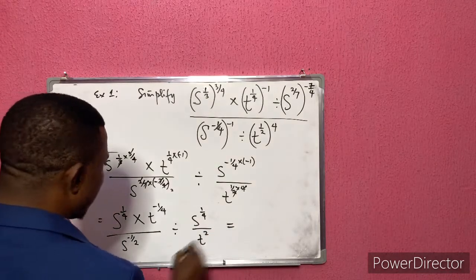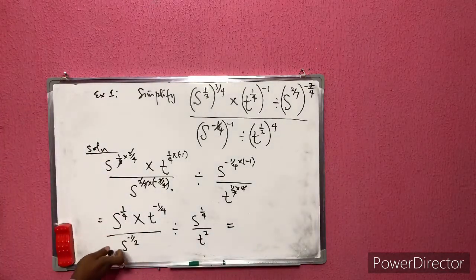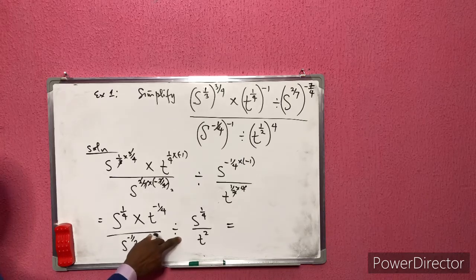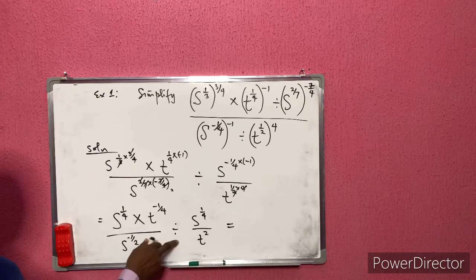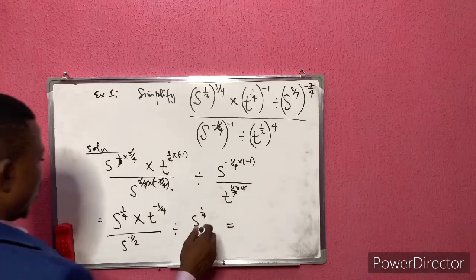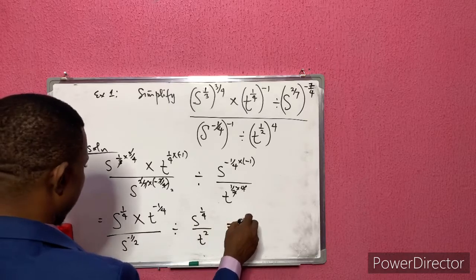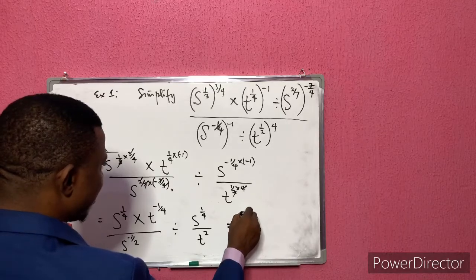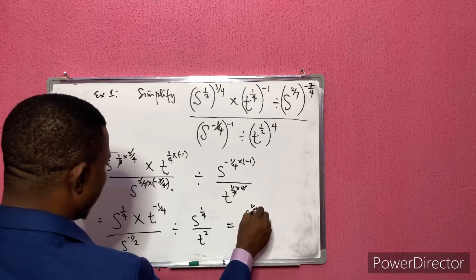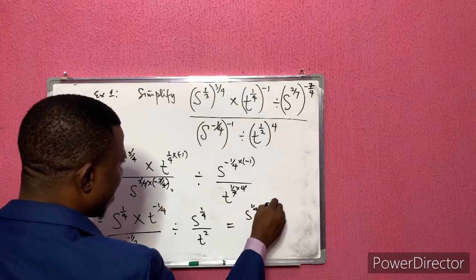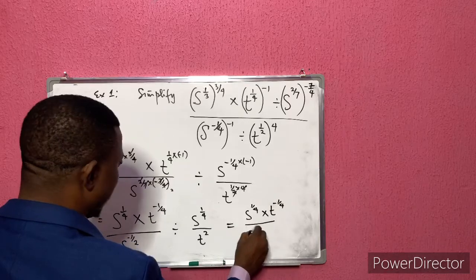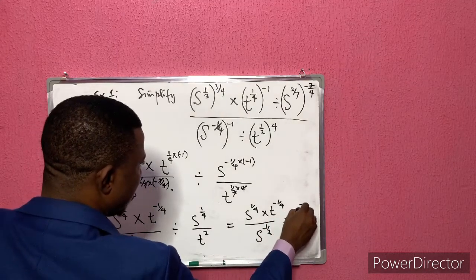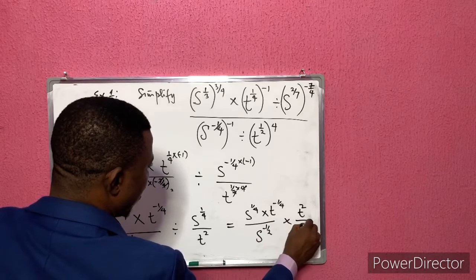Now, you see, when we turn this upside down to obey what we know in mathematics, you have 1 over 2 multiplied by t minus 1 over 4 all over x minus half multiplied by t square all over x 1 over 4.